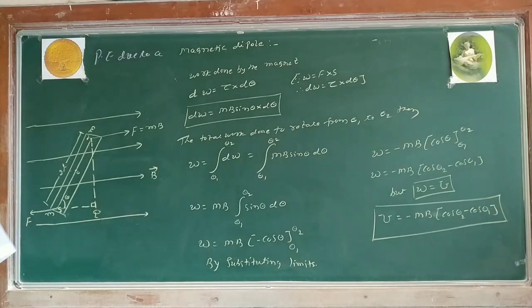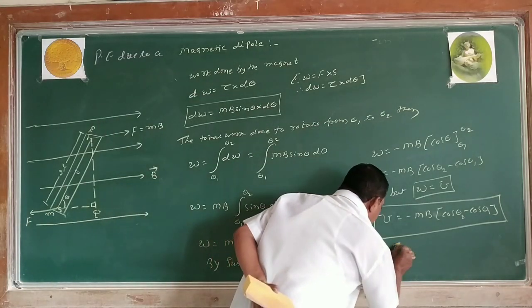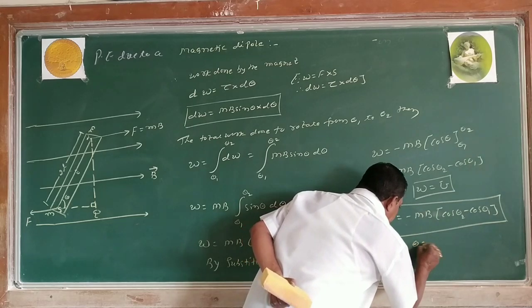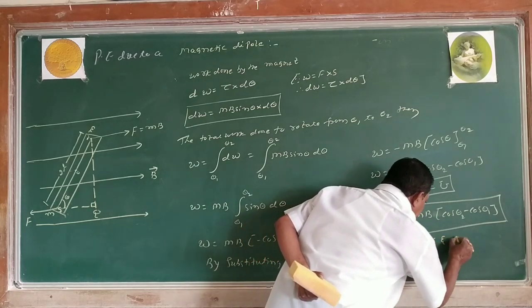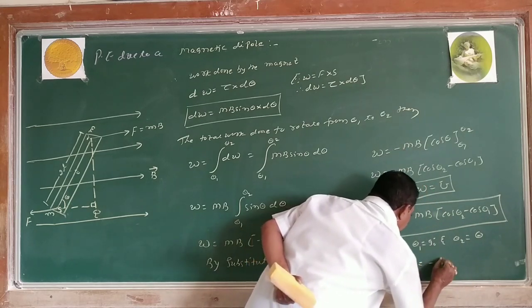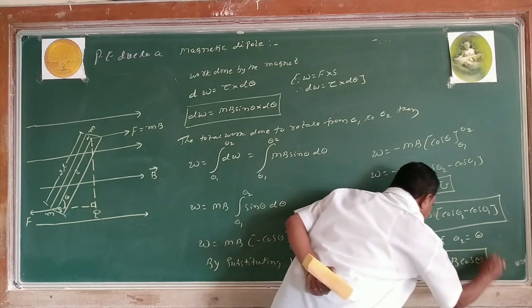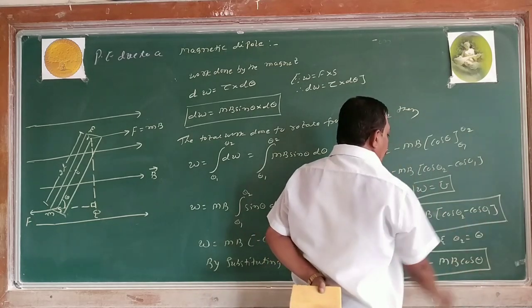If you want a single equation, if initially theta 1 equals 90 degrees and theta 2 equals theta, then U equals minus mB cos theta, since cos 90 is 0.